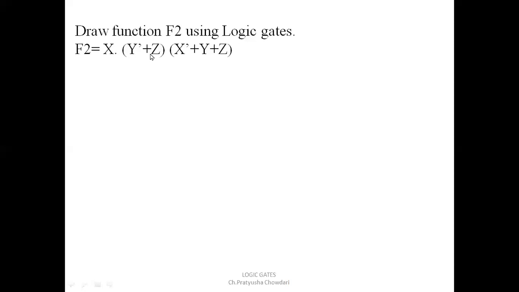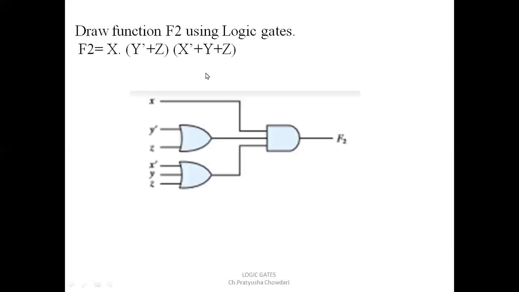One is to perform Y bar plus Z, which is a 2-input OR gate. And I require another OR gate with 3 inputs to perform X bar plus Y plus Z. So this is one OR gate yielding X bar plus Y plus Z, and another OR gate yielding Y bar plus Z.